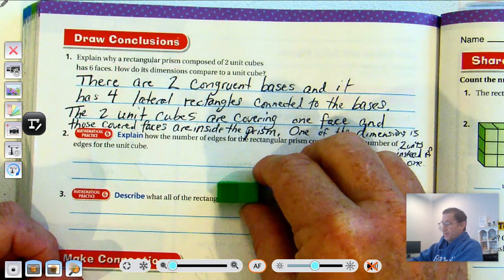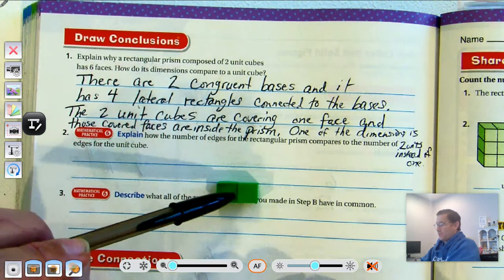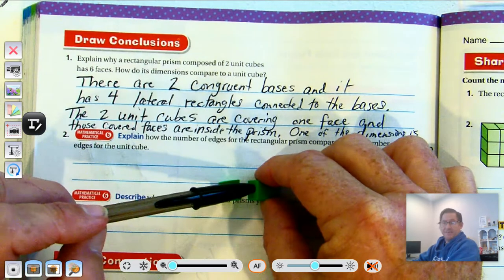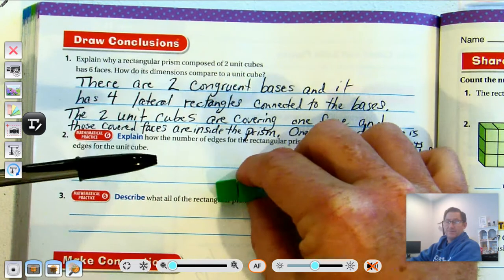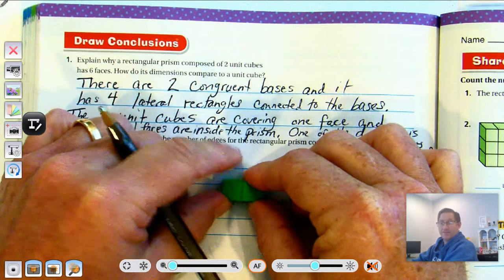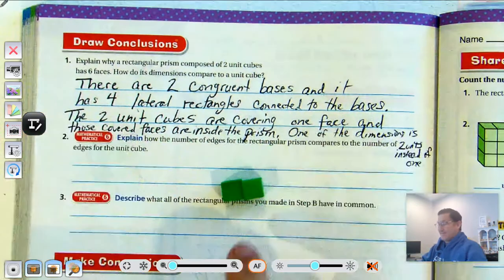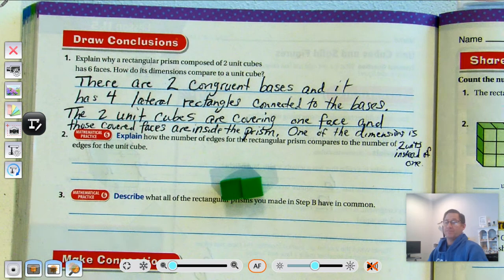Because you might be thinking, well, I'll put 2 together. How come it's not more? Well, do you see that this face is sharing the face of the other one, right? So these 2 faces are pushed together, and they're on the inside of the prism. And so the faces are on the outside of the figure, not on the inside.